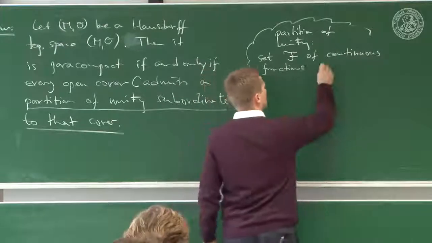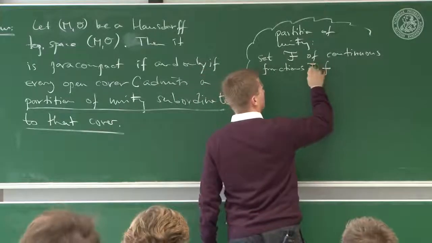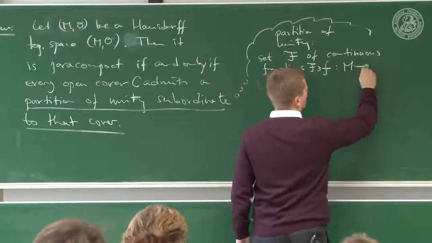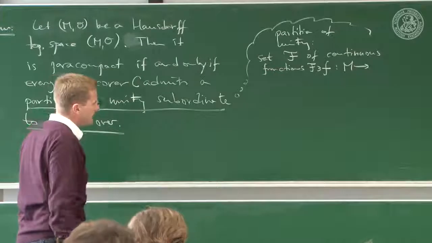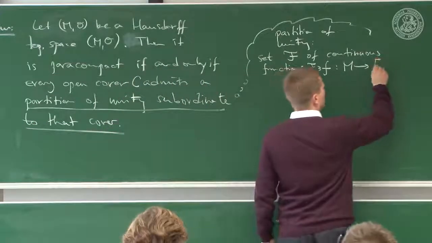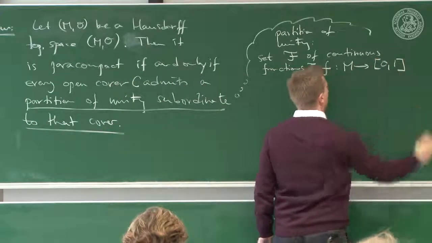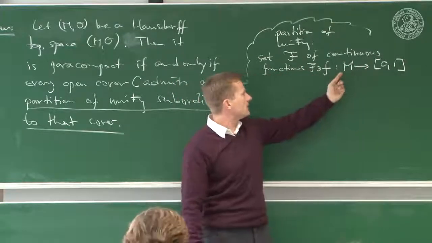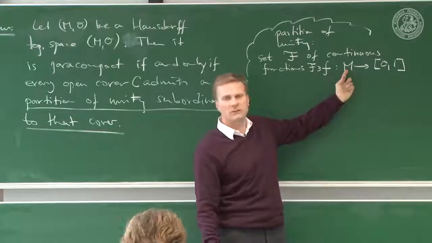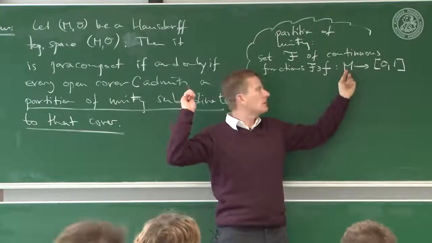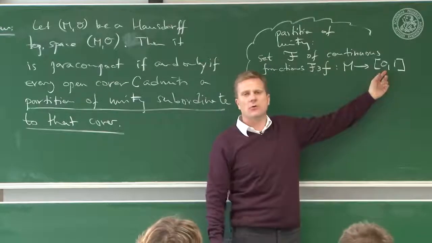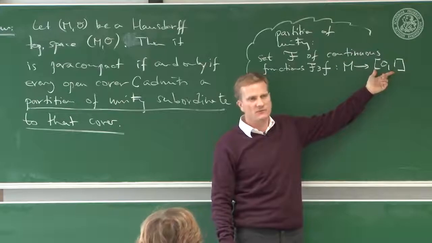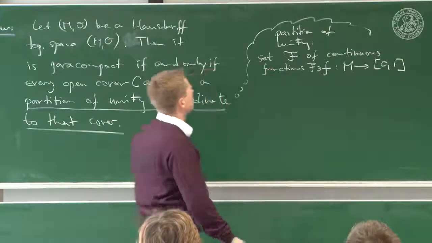Let's say one such f, small f, goes from M to 0, 1. If I say continuous functions from M to 0, 1, obviously I can only speak of continuity if I know the topology on M. Well, I do. It's O. And I know the topology on the interval 0, 1. Well, that's of course the induced subset topology from the real line, because I said nothing different.